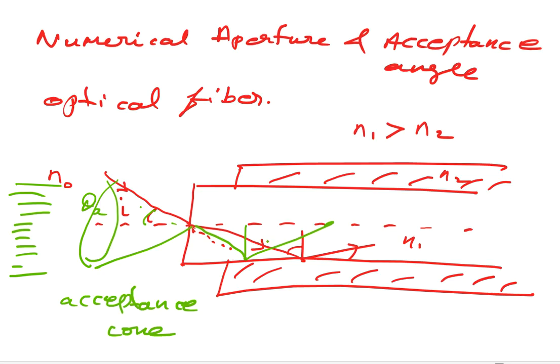Only those rays get total internal reflection. So the light collecting capacity depends upon this cone size, the cone angle. If the cone angle is higher, more light will be collected. Both of these things we are going to derive now.